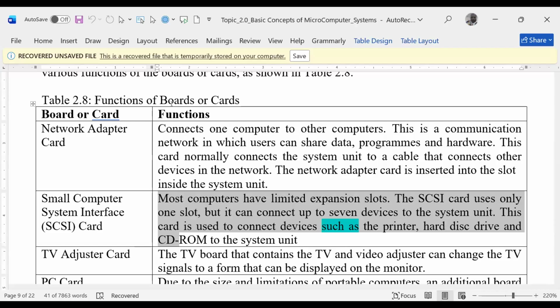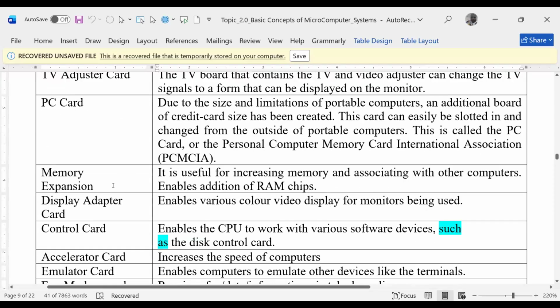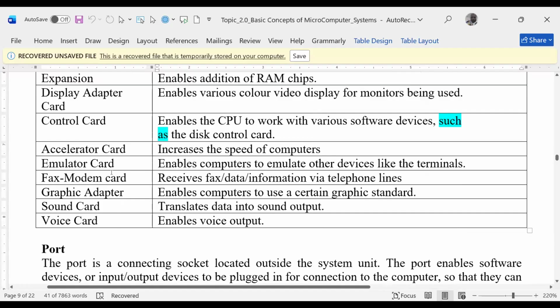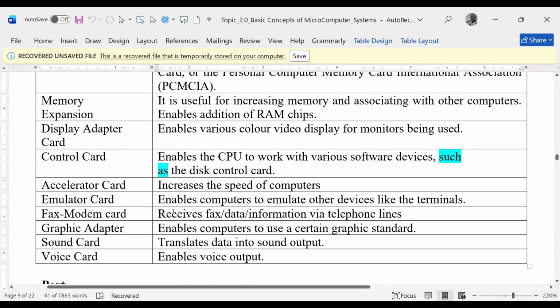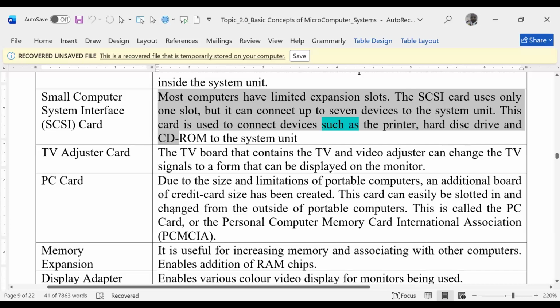You can have this one card that can connect several devices to your computer system. There's a TV card that can also be added, PC card, memory card, adapter card, control card, oscillator, emulator, modem, fax, sound, voice. These are different cards, components that can be added to expand your computer system.